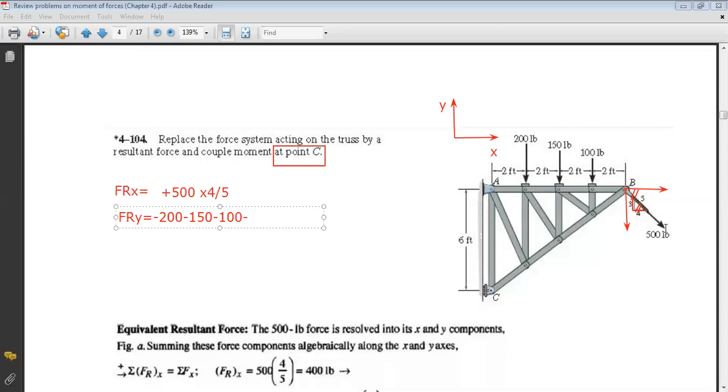So I should multiply minus 500 by sine of the angle. Sine of this angle here is 3 over 5. So it's minus 500 times 3 over 5. Okay, so in this way I can get the y component.